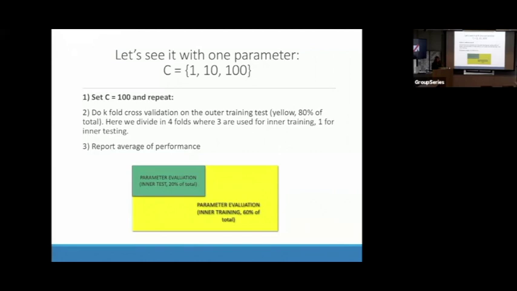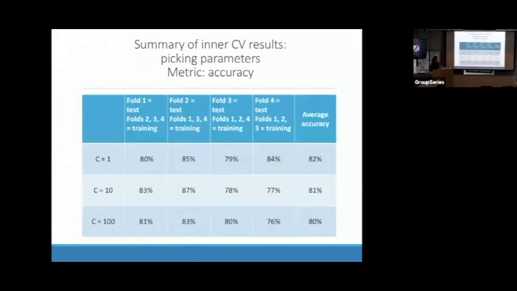So at this point, I've run my algorithm how many times? I have 4 inner folds. How many parameter values? 3. So I have basically 12 runs. For C equal 1, I had 4 performances, and this is the average. For C equal 10, I have 4 performance runs, and this is the average.